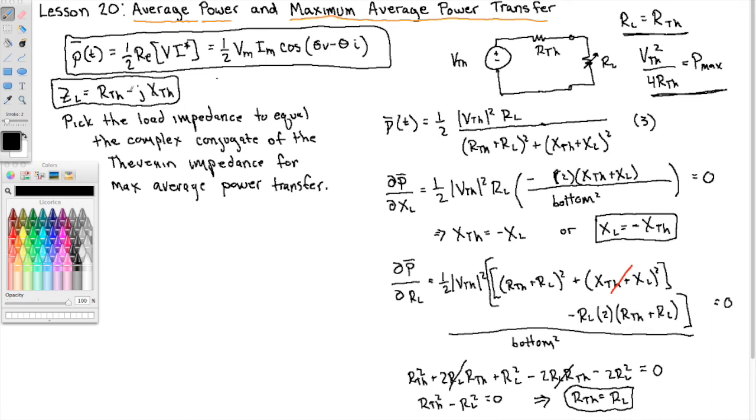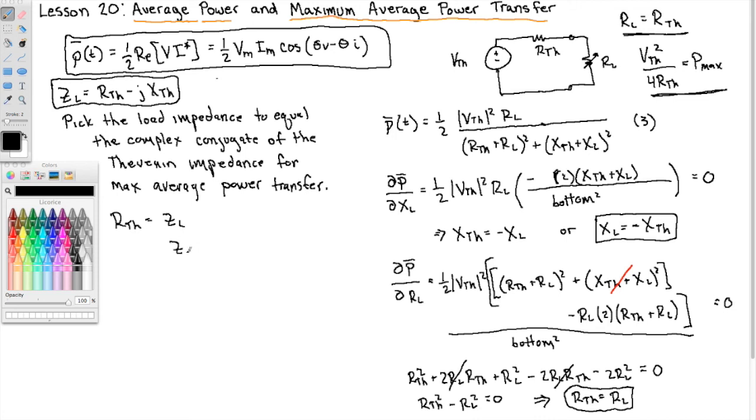Now, remember what we said, that this has to reduce down to our DC result if the Thevenin impedance was purely real. So if the Thevenin impedance is real, then it can be written like this, R Thev. What's the complex conjugate of a real number?